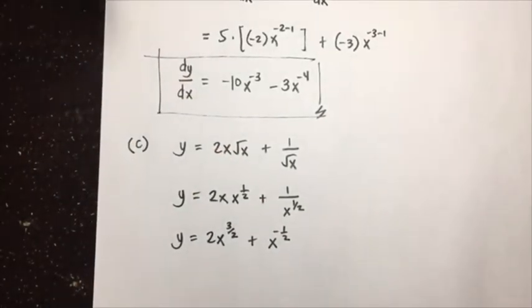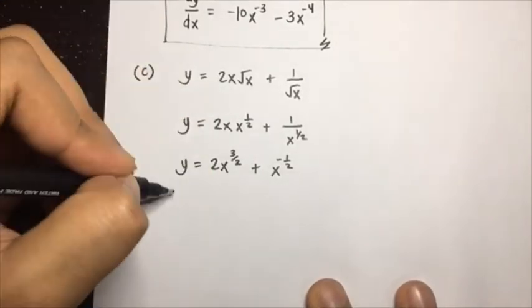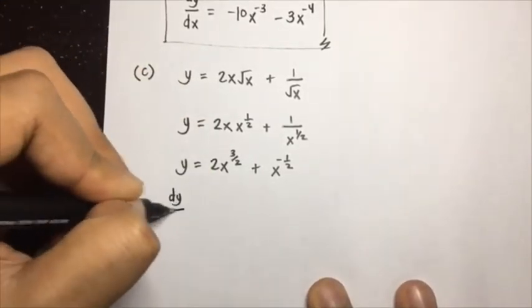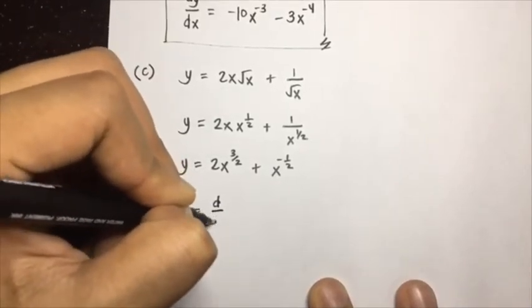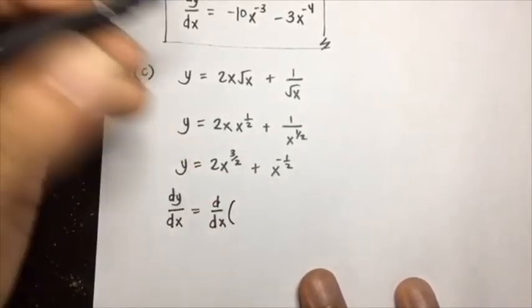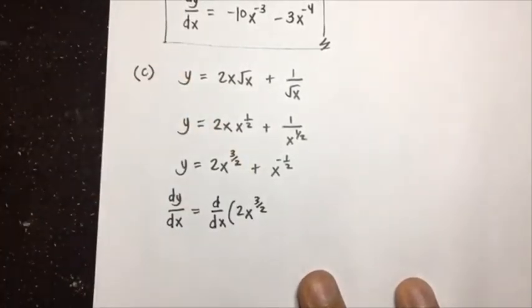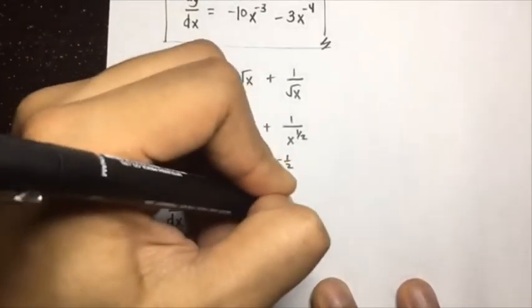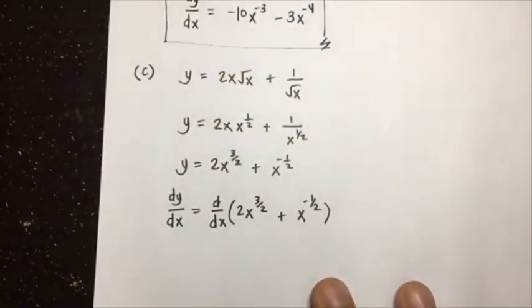Okay, so with that, we can now differentiate or derive. So dy over dx is equal to derivative with respect to x of 2x raised to 3 over 2 plus x raised to negative 1 half.